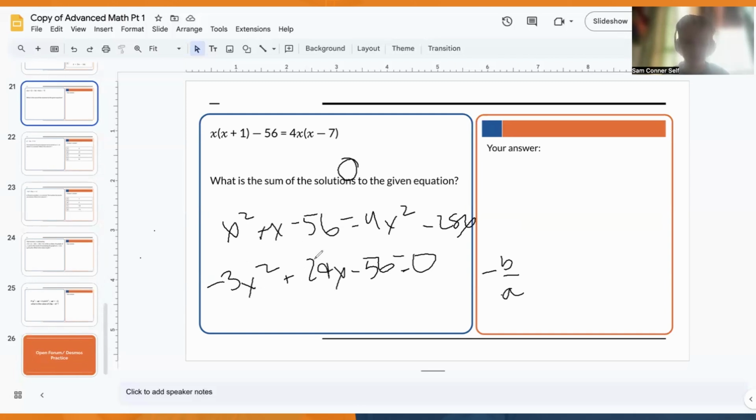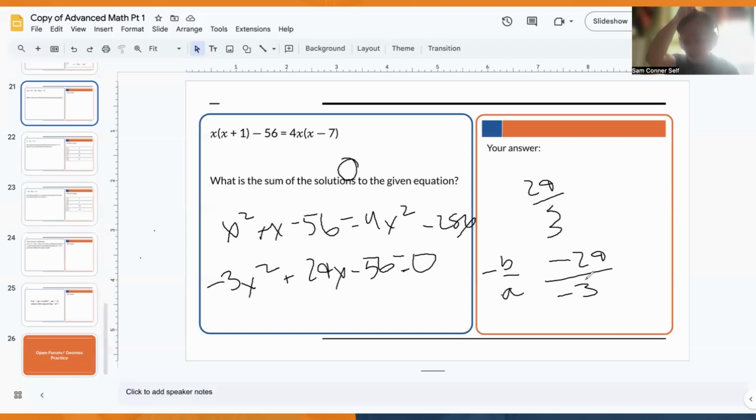So negative b is 29, so it's going to be negative 29 divided by negative 3. And then negative divided by negative is going to be a positive, so it's going to be 29 over 3.